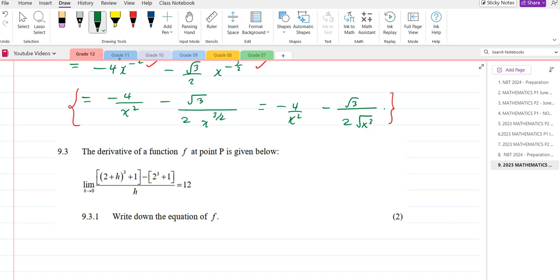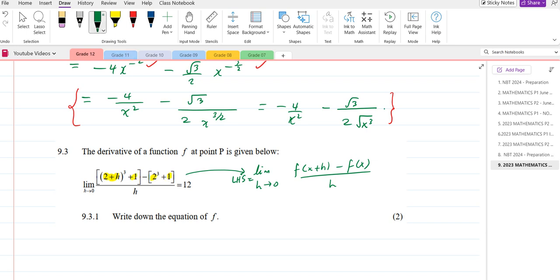Now if you compare this to the formula, limit as h approaches 0 of f(x plus h) minus f(x) all over h, compare the left hand side to the formula, you can clearly see that the function that we are substituting into is a cubic function plus 1.